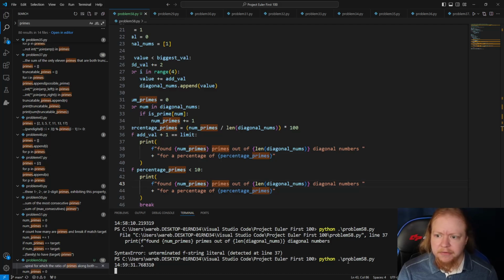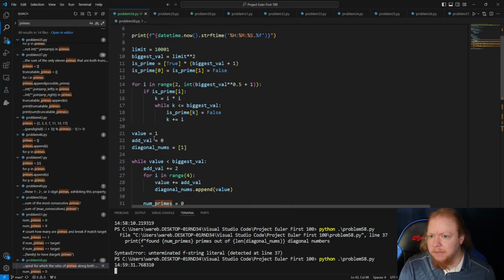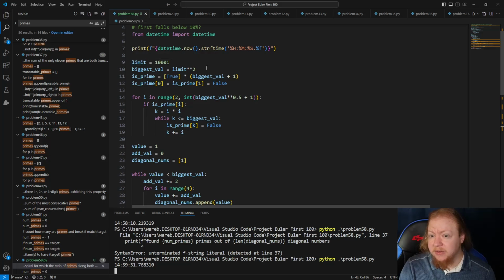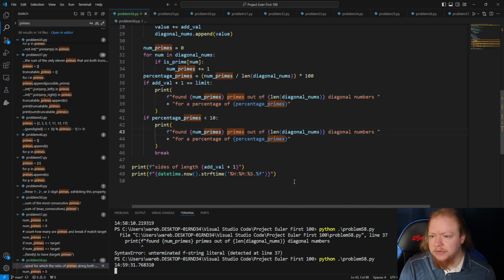We know that from our previous runs. I'm wondering if maybe having this limit here isn't the best of plans. Because we are taking a bit too long to figure this out.